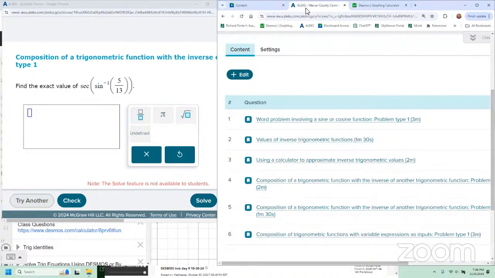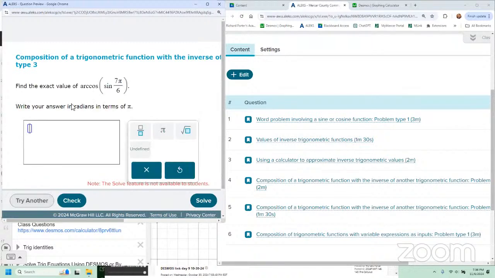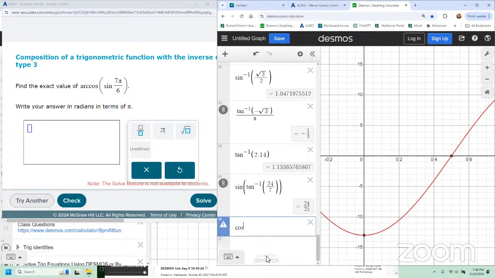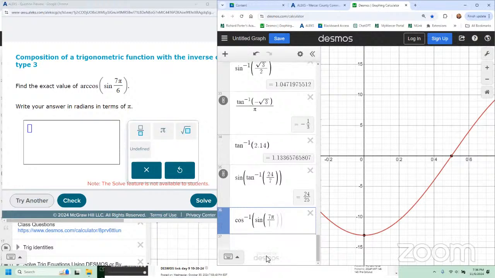The other ones, the group 5 ones, will be something a little different. So let's try something else. Okay, the arc cosine of the sine of 7π/6. So the arc cosine means inverse cosine. Sine of 7π/6.